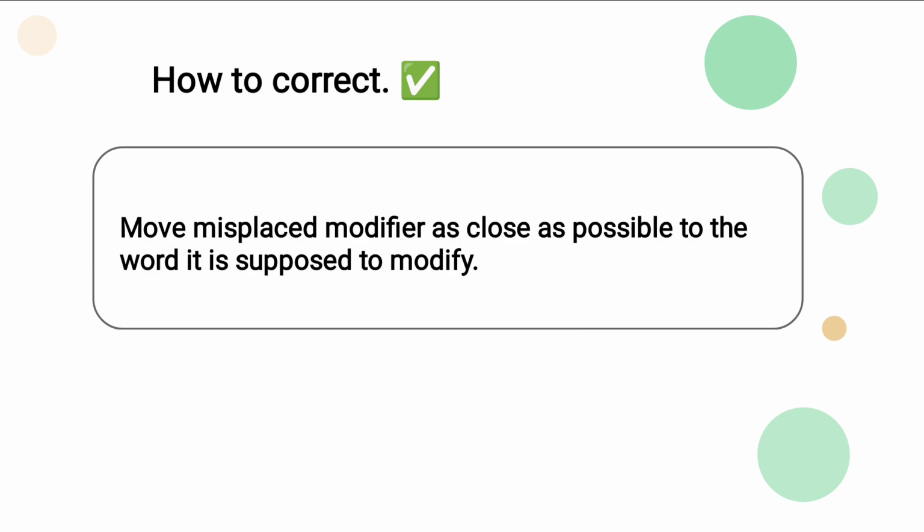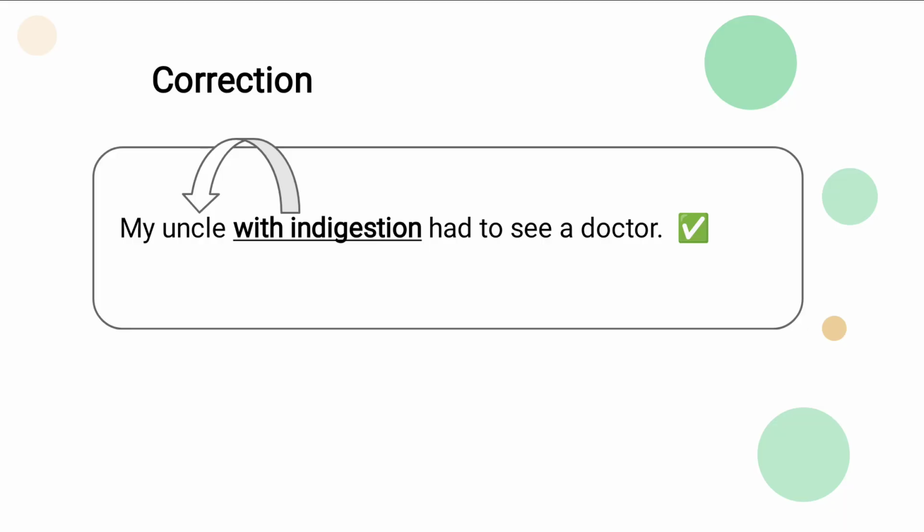So let's see how it's fixed. Now with indigestion is right next to my uncle, it wants to modify, so we have a sentence like: my uncle with indigestion had to see a doctor. Now we have the proper information. My uncle is having indigestion, that's why he had to go see a doctor.